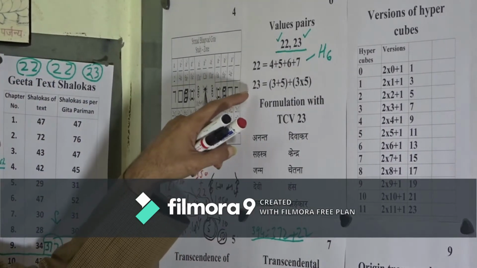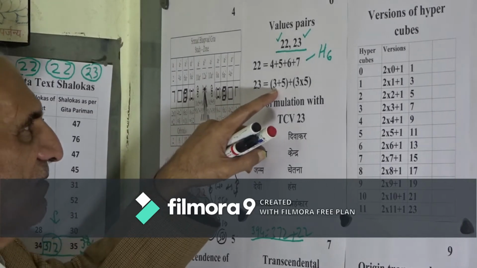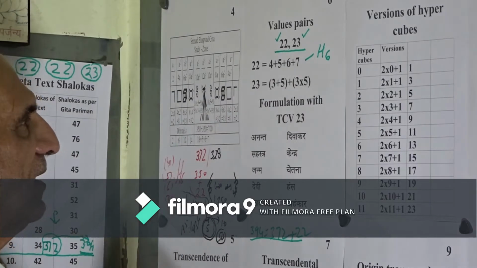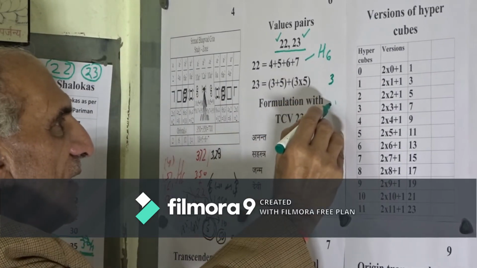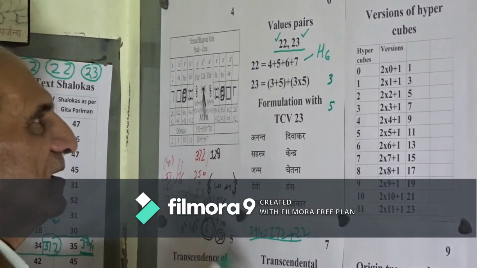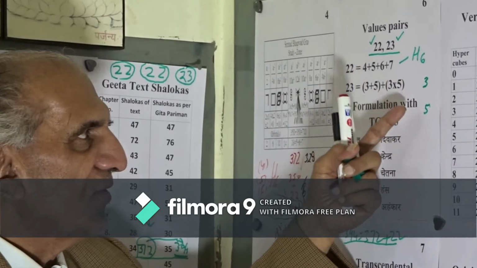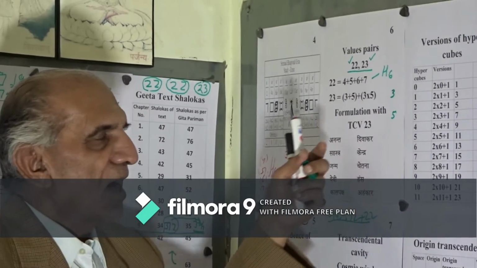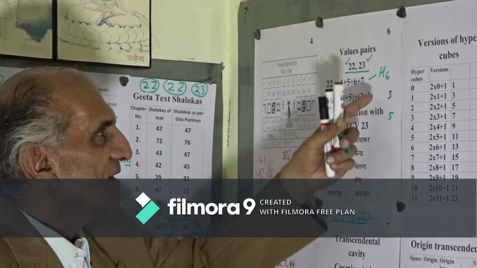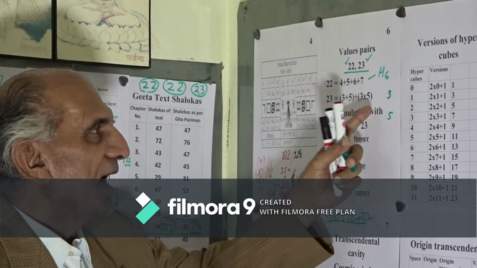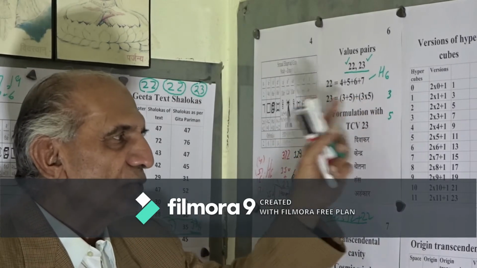However, value 23 accepts an organization 3 plus 5 plus 3 into 5. And we know that 3 space is playing the role of dimension of a 5 space. Therefore, the solid dimension and transcendental domain are two distinct structural setups, and both are simultaneously available, and the availability is as addition and multiplication both.